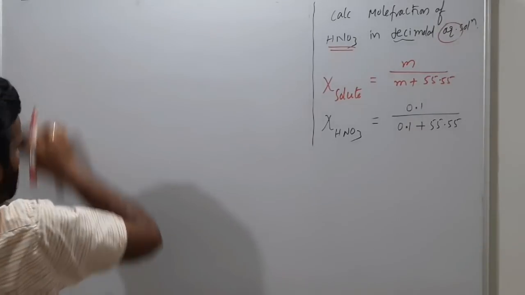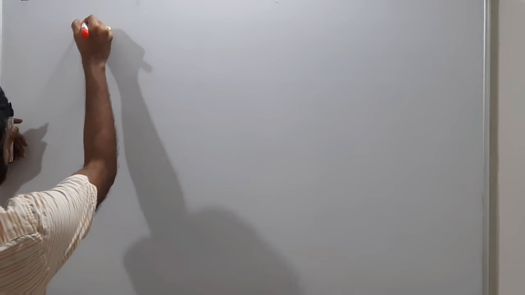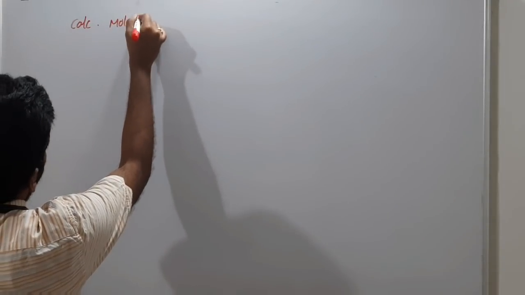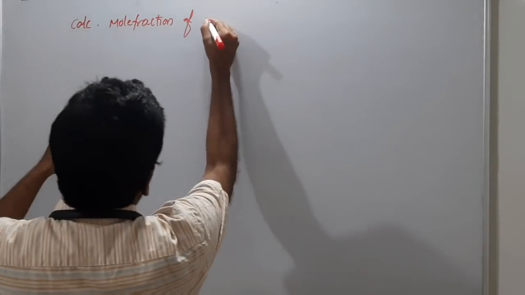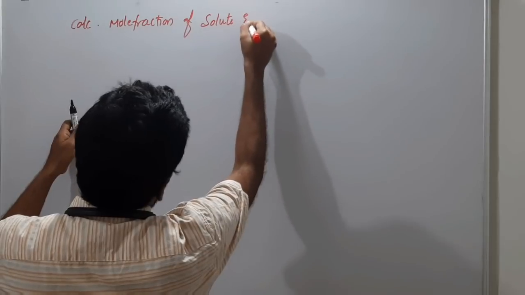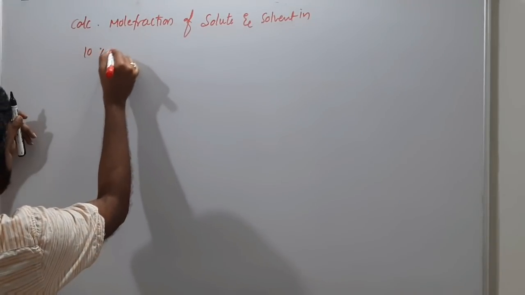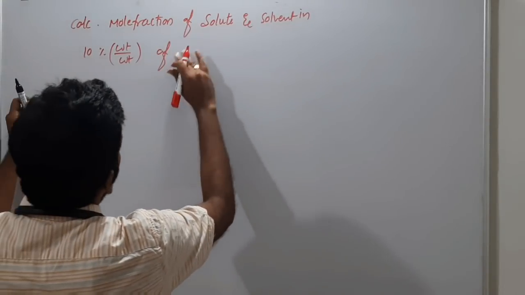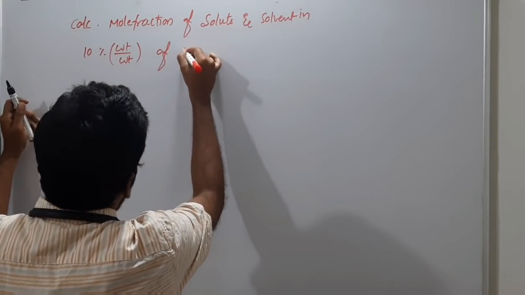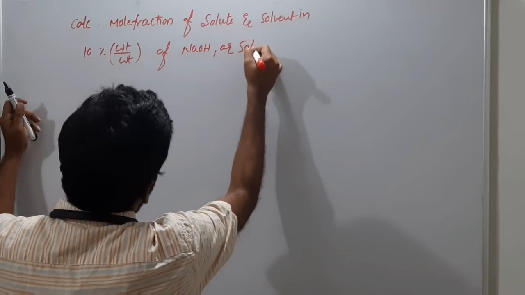Okay. So let's see that. Same one, but I'll ask only mole fraction. Calculate mole fraction of solute and solvent in 10% weight by weight of some NaOH aqueous solution.